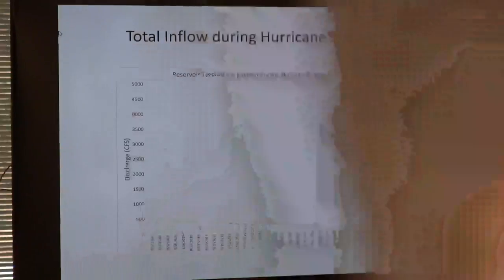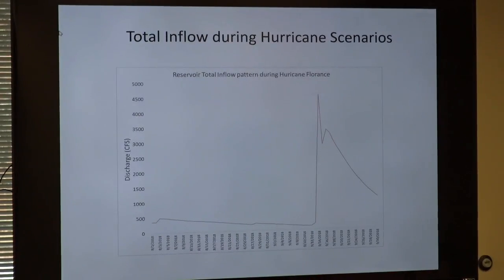What's showing is that with Hurricane Florence, the inflow going to the reservoir was 4,500 cubic feet per second. Is that correct? For a particular scenario. Again, we are revising this to make sure that this number is correct, because when the March 2010 flood happened, the inflow was a lot more.